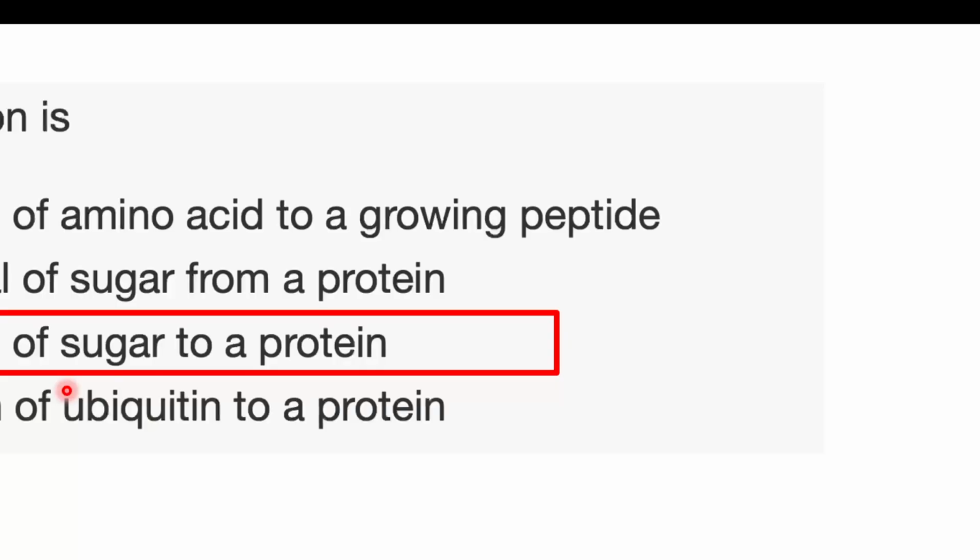We just encountered this in the previous question. Glycosylation is nothing but addition of a sugar moiety to a protein. Yes, glucose means sugar, Kashiram. Not just glucose. There are many varieties of sugars. There can be glucose, galactose, and modifications with acetyl groups, GlcNAc, and modified glycans added to a protein.